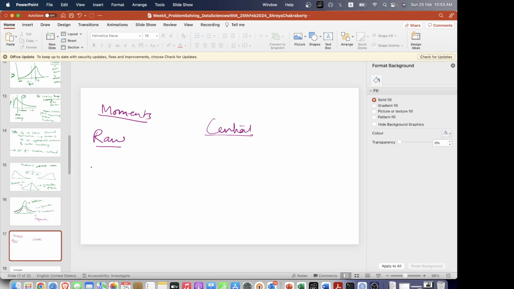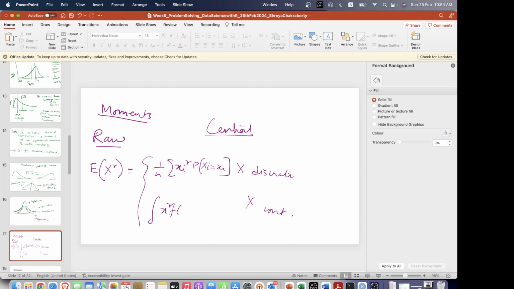Raw moments are the expectation of x to the power r, which, if x is discrete, is 1 by n summation xi to the power r times probability x equal to xi, and if x is continuous, it would be the integration of x to the power r f(x) dx.